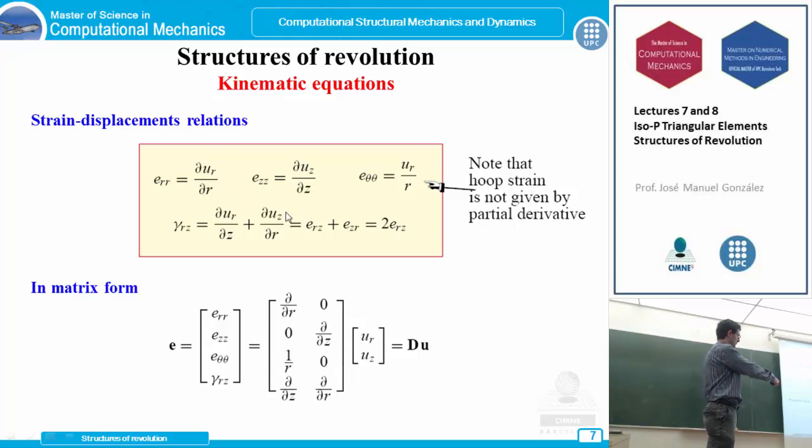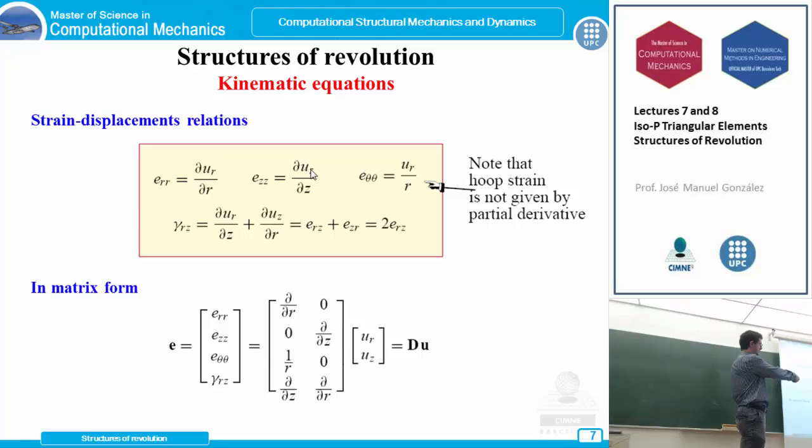Careful with these 2. And our extra component is the circumferential strain, due to this radial displacement divided by r. So as I said before, this radial strain does not involve this partial derivative. Remember that this partial derivative affects the interpolation of the displacement using the shape functions.